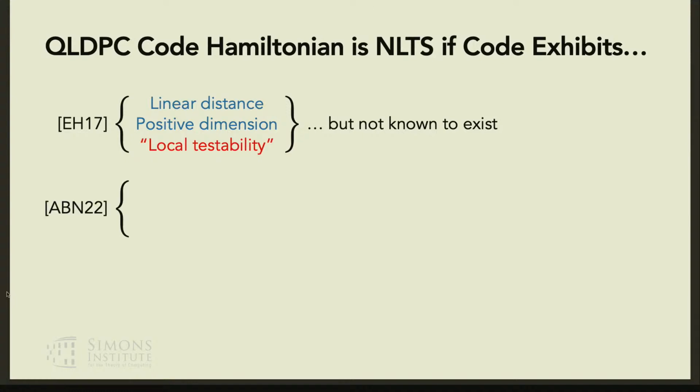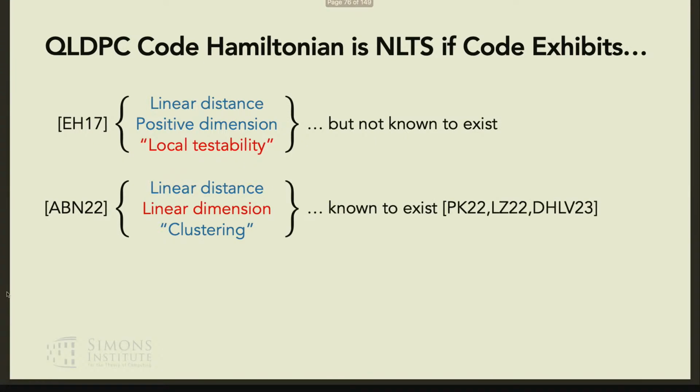Now, ABN 22 resolved this issue by showing that if the codes have linear distance, now linear dimension, which is a stronger requirement, but a weaker notion of testability called the clustering property, then if the code has these three properties, the Hamiltonian is NLTS. And these codes actually are known to exist. The line of work I mentioned resulted in these breakthrough constructions of good qLDPC codes, which have all of these properties.